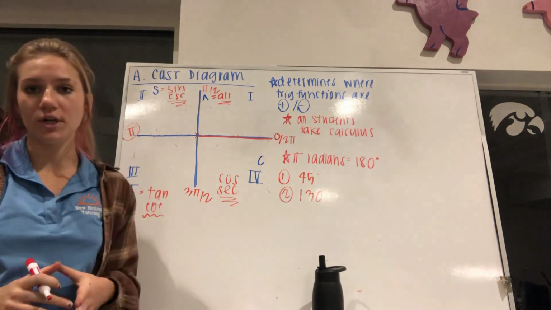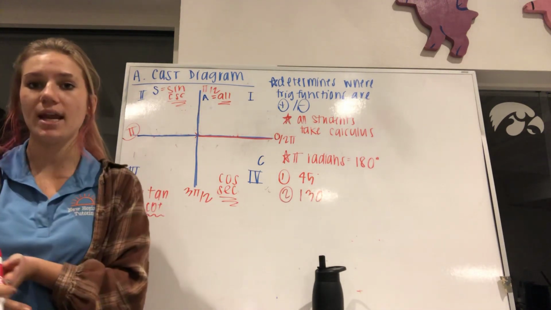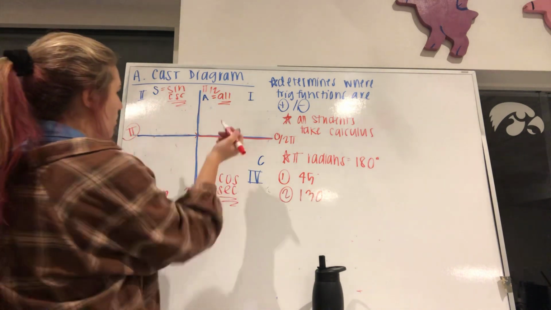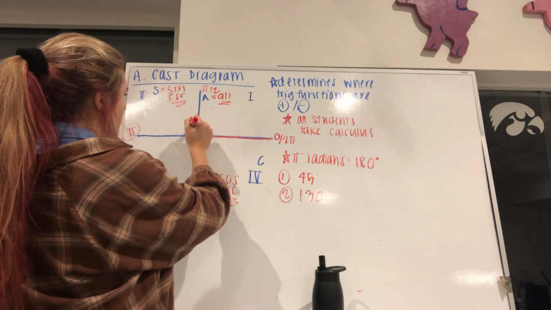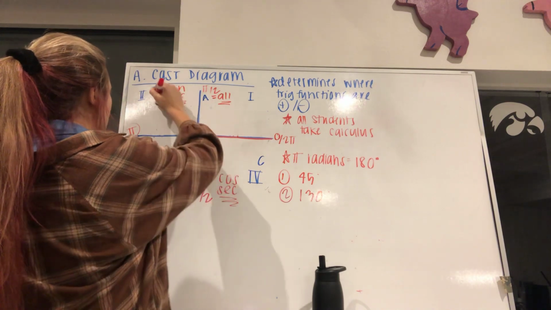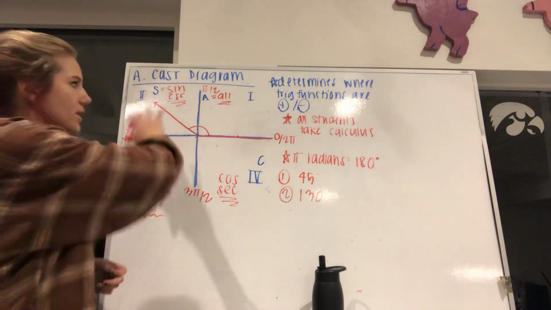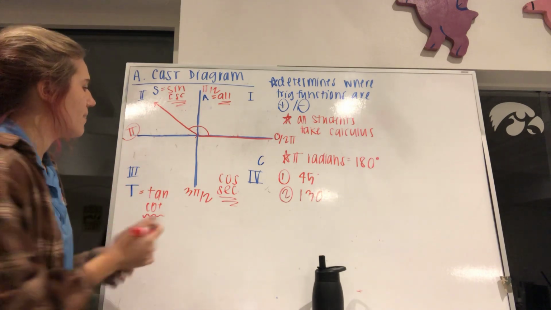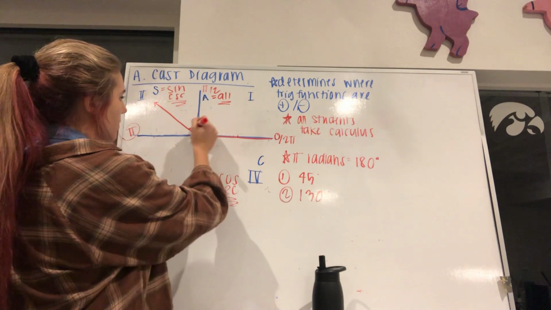Since 130 degrees falls within 90 to 180, this angle is going to be in the second quadrant. Obviously it's not totally accurate, but as long as it's within that quadrant, you're good to go. And this is going to be that 130 degrees.